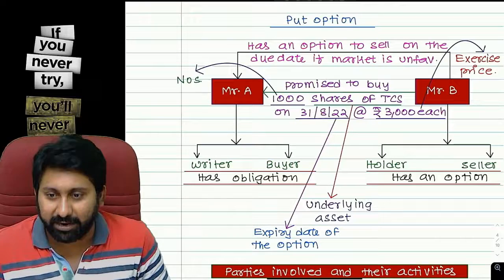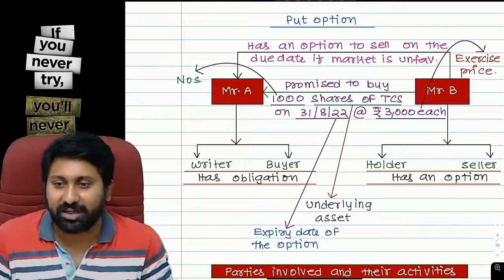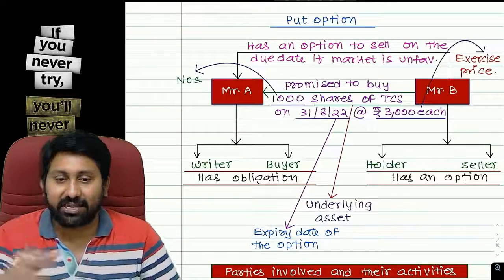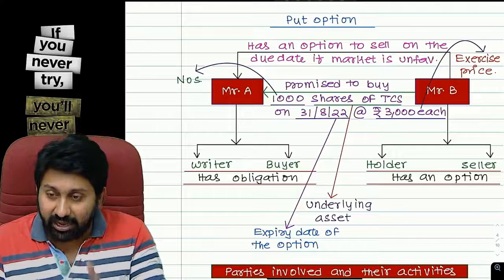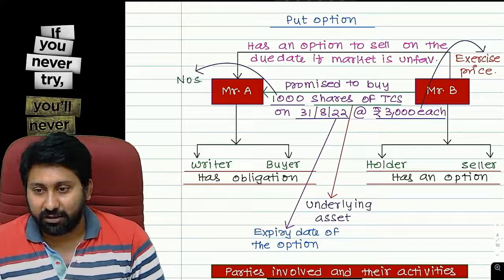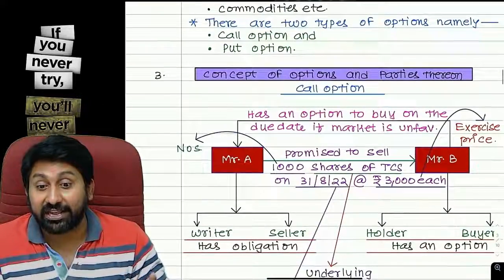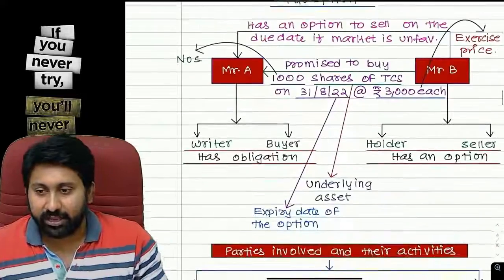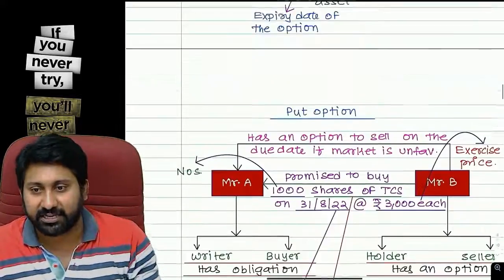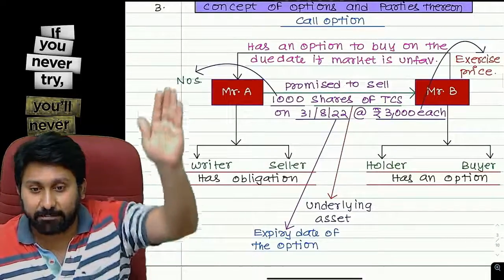But you said you will buy at 3000, so you buy now at 3000, and I will sell to you. Here I have protection from a fall in prices. In the call option, I have protection from a rise in prices.